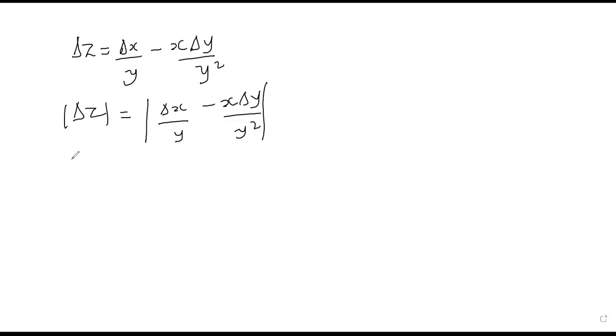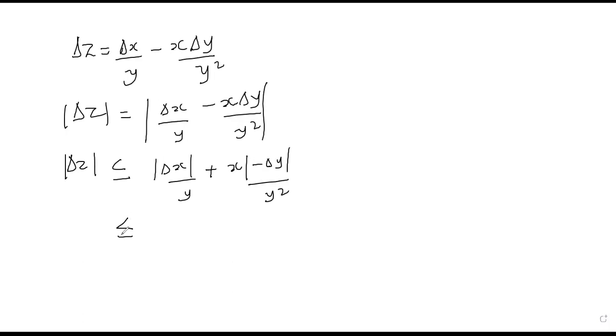So if you take the triangular inequality, delta z is less or equal to delta x over y, rather plus x delta y over y squared. But remember, this one, after taking the magnitude, it becomes positive.